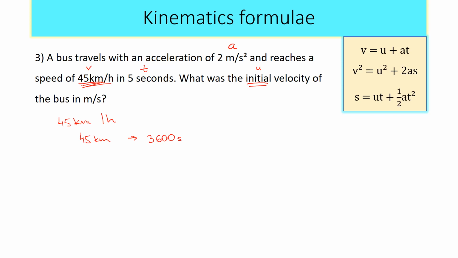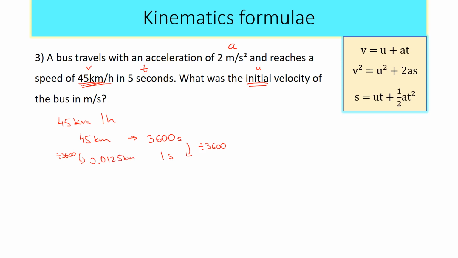So if I want to work out what it is in 1 second, I have to divide by 3,600. Now that is 0.0125 kilometer.